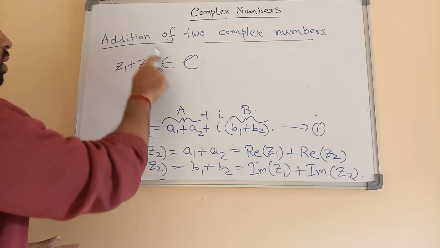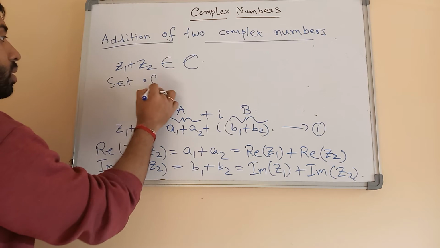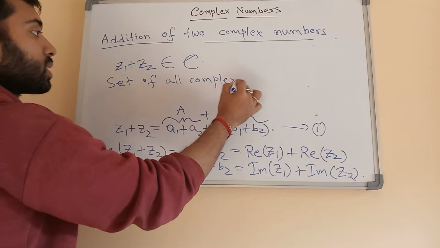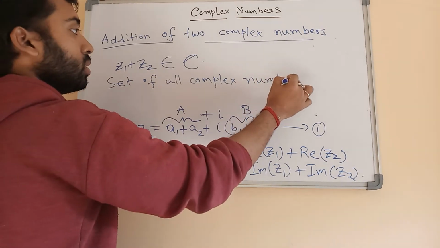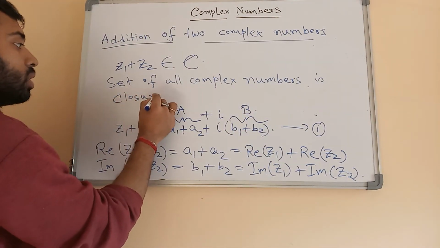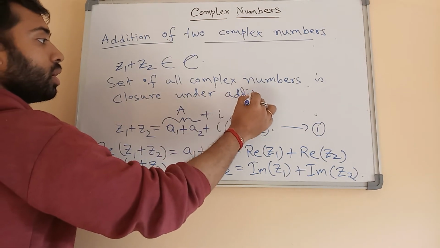So the set of all complex numbers is closed under addition.